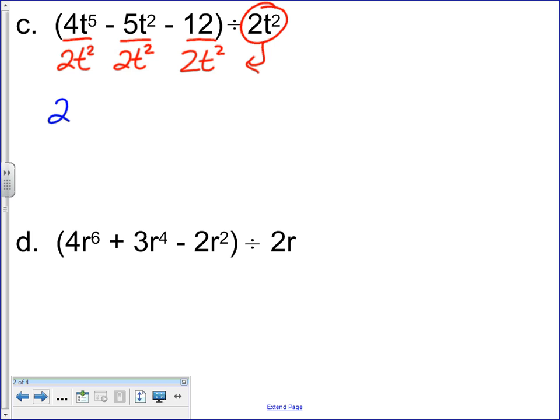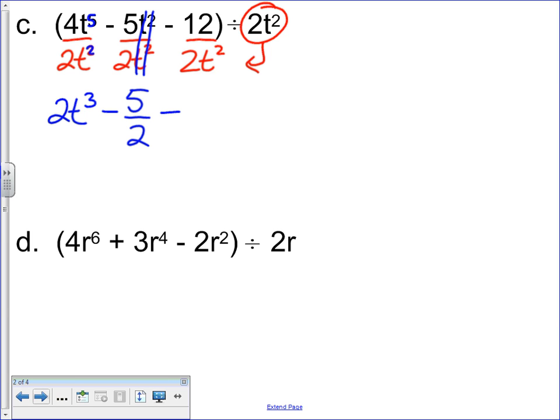If you take the squared away from the 5, 5 take away 2 is 3. Now for the next fraction, 2 does not go into 5 evenly, so simply write the fraction 5 over 2. But t squared cancels out with t squared, 2 of them on the top, 2 of them on the bottom. That cancels.